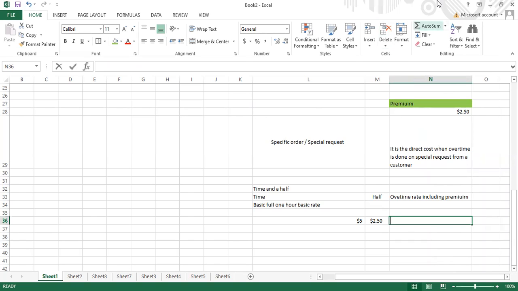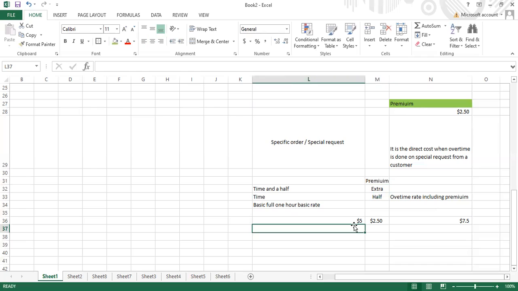It would be 7.5. And this extra half in time and a half is what you are giving extra over the basic rate. This is your extra amount, and extra means premium, and that premium is your indirect cost.